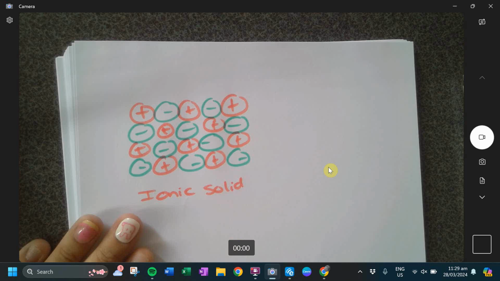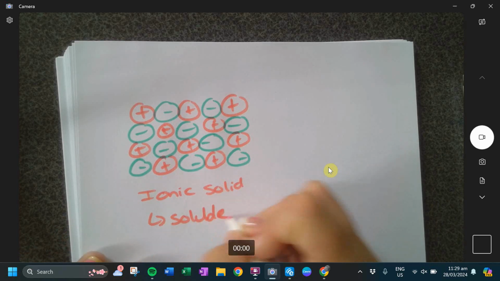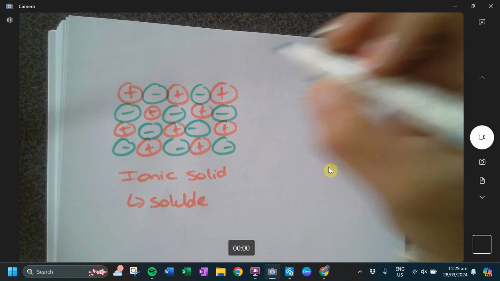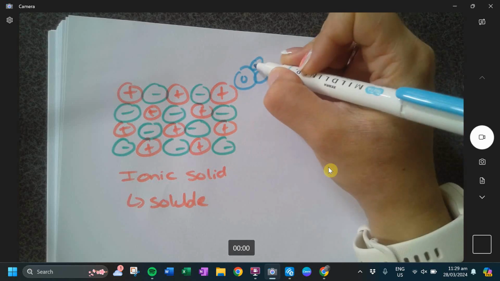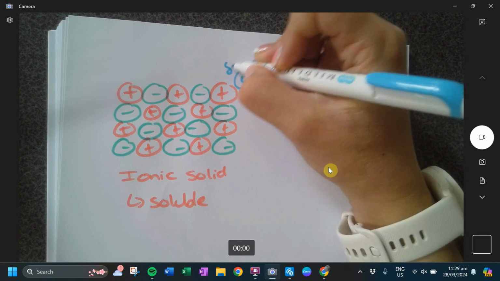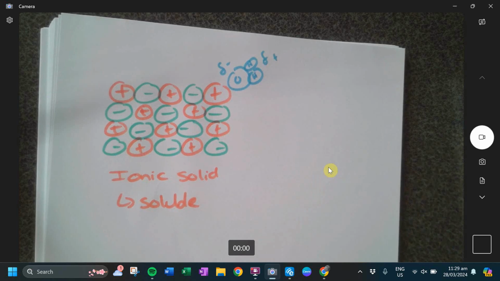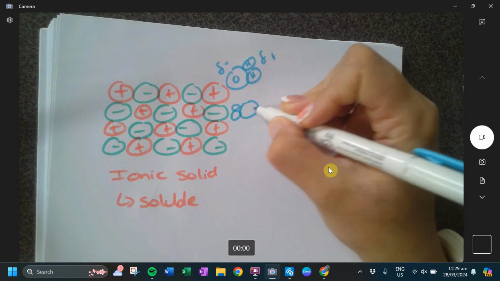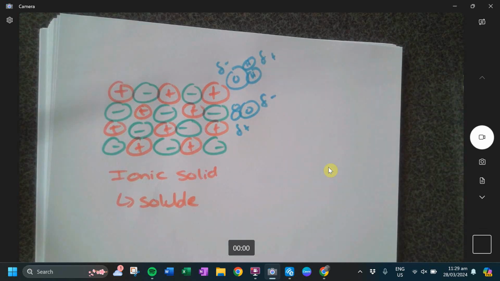So here's an ionic solid, and this ionic solid is soluble. What that means is that a water molecule can come around. Here's my oxygen and my hydrogens, the slightly negative and the slightly positive. When I have a soluble substance, the water molecule can go next to my ionic solid and start interacting with those ions, and remember, they can pull those ions out.